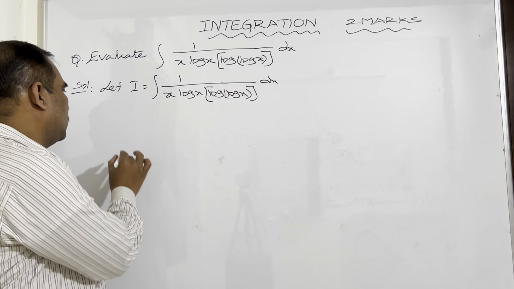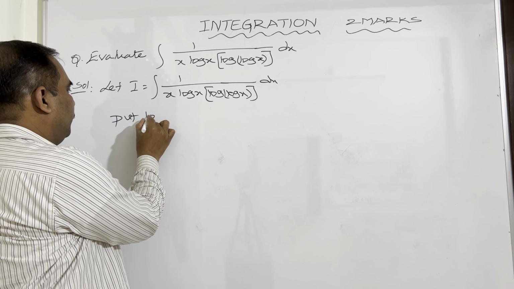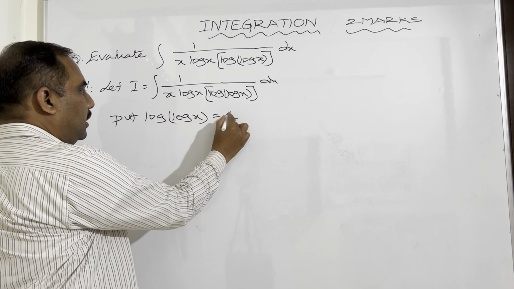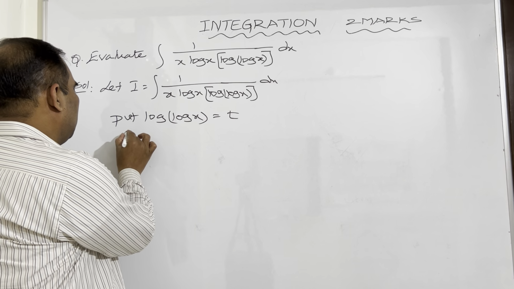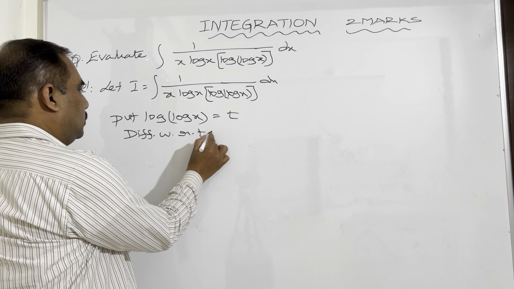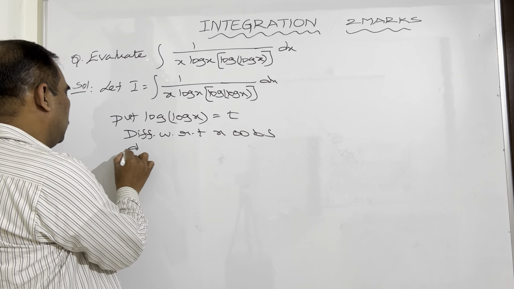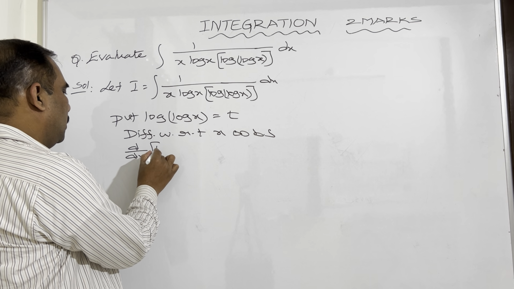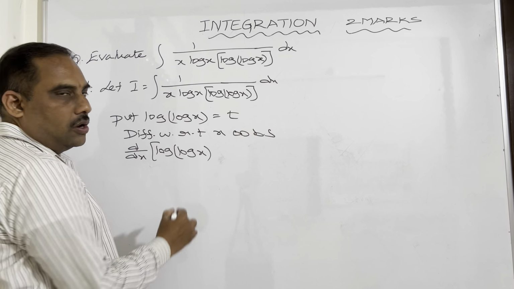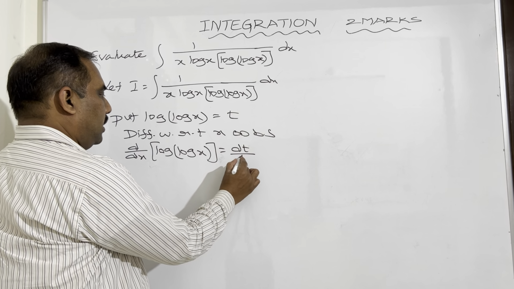Now take the substitution here, put log of log x is equal to t. Differentiating with respect to x on both sides, we get d by dx of log of log x is equal to dt by dx.